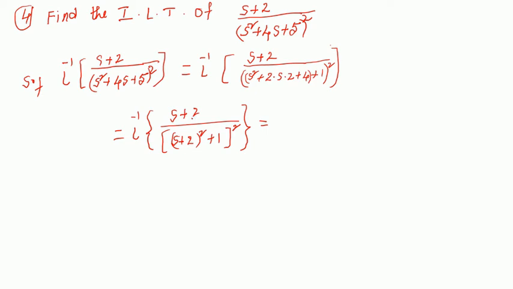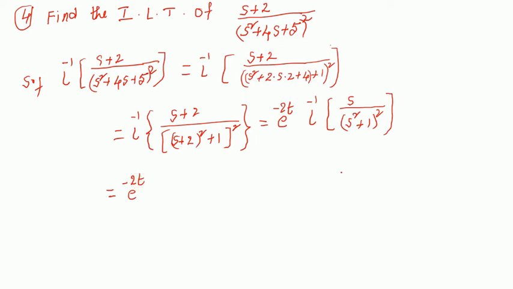By using the first shifting property, if we have f bar of s plus a form, we can write e power minus at. Here we can write e power minus 2t into L inverse of s by (s square plus 1) whole square, right?